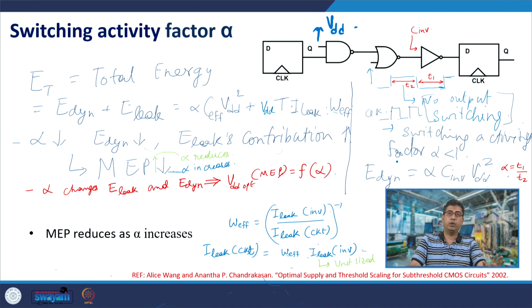So, this was a brief discussion on why the minimum energy point is a function of the switching activity factor alpha. We have considered a very simplistic case of this data path. The circuit could be quite complex. Nevertheless, this result holds: if you reduce the switching activity factor alpha in the circuit, the minimum energy supply voltage may increase a bit, it would increase.